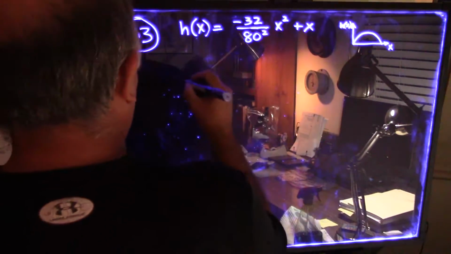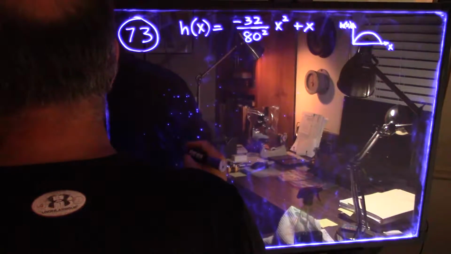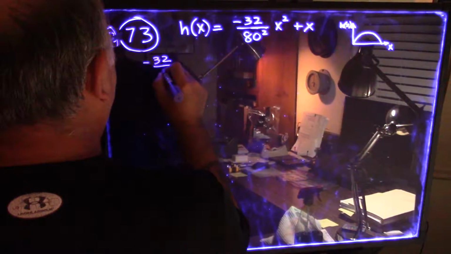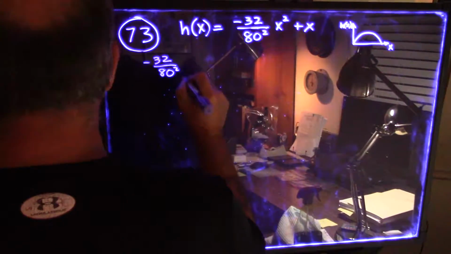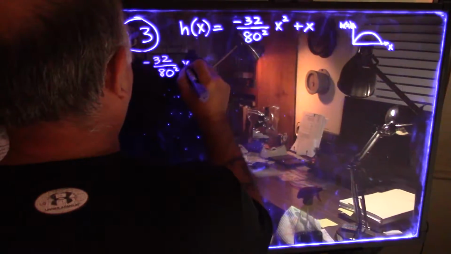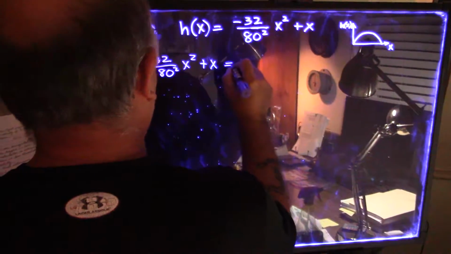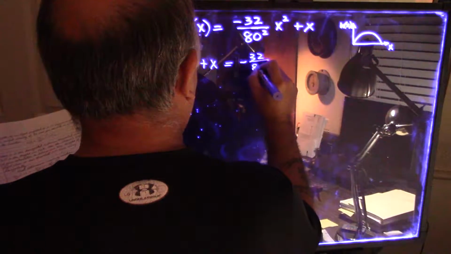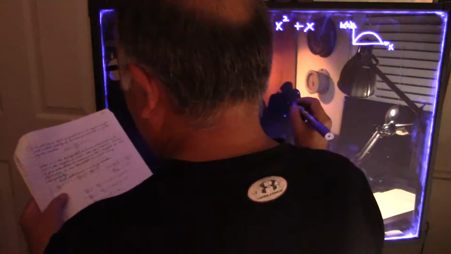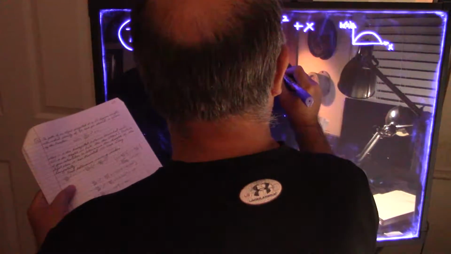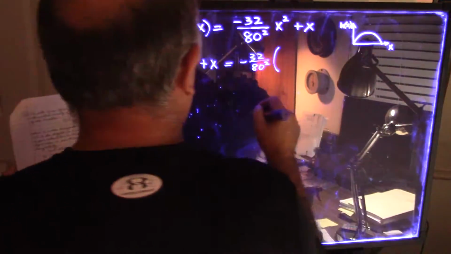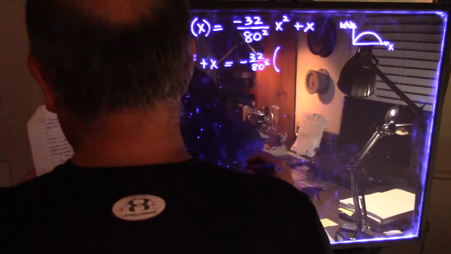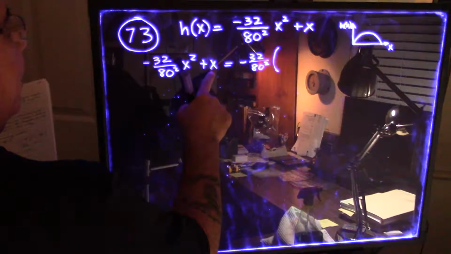Alright, so let's complete the square on this. We've got negative 32 over 80 squared, x squared plus x. That equals negative 32 over 80 squared, and then I'm going to factor out negative 32 over 80 squared from these two terms. You're saying, holy cow, what happened here?